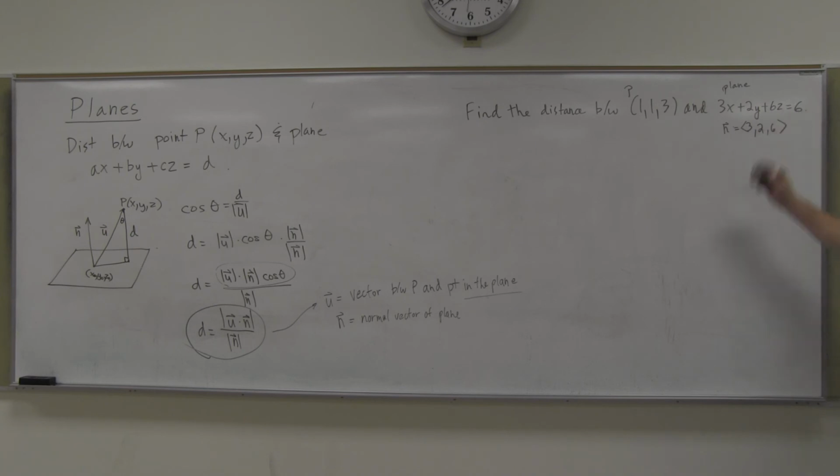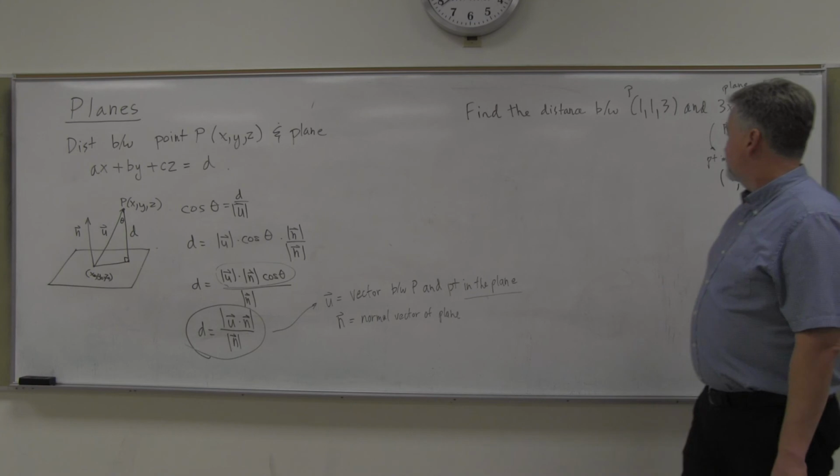Well, how are we going to get a point in the plane? We just need an x, y, z that works in that equation. That would be a point in that plane.